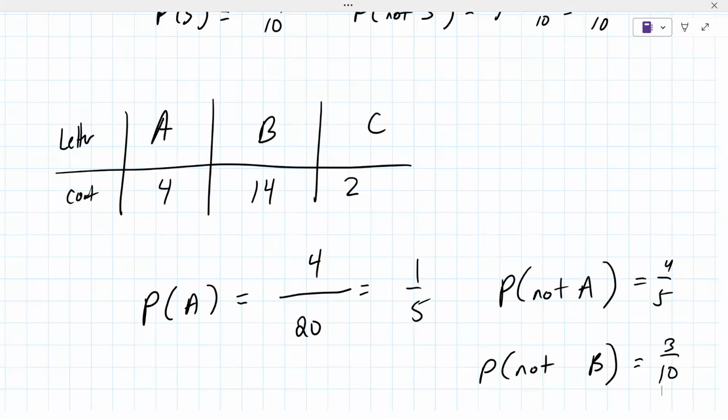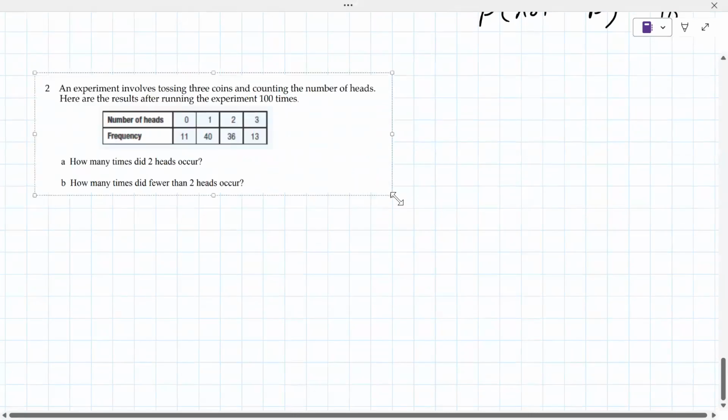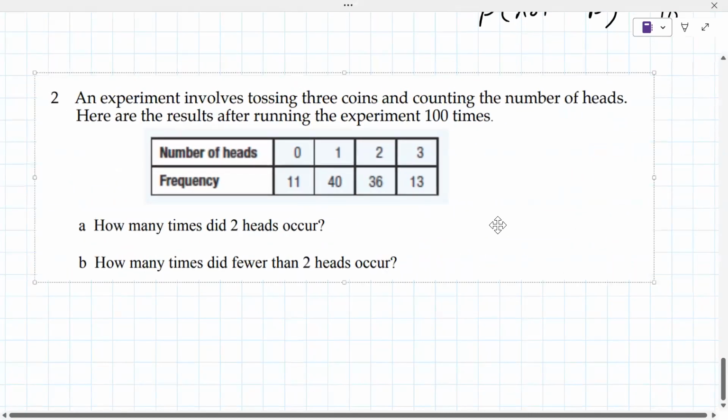So let's look at a couple of questions here. I'm going to give you a new table. All right, so I want you to read this and tell me the answer to A and B after you kind of read it and look through it. Let me know if you have any questions.